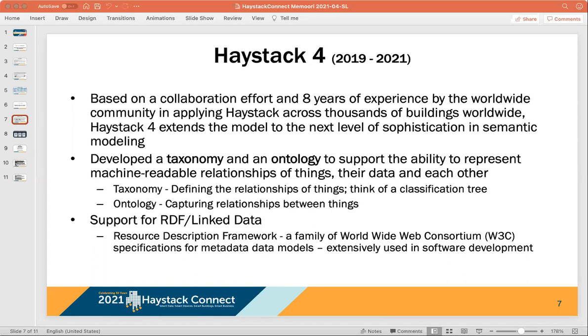And in fact, this year at Haystack Connect, which we will talk about next, will be the official closure of the public review cycle, right? People have been building their commercial products off of Haystack for well over a year, because even at the initial public review, it was very solid.